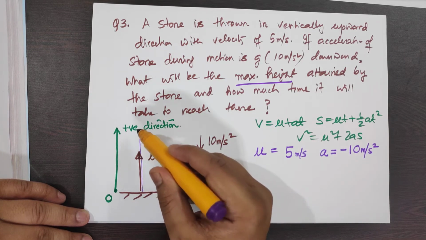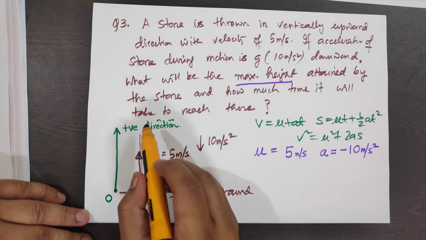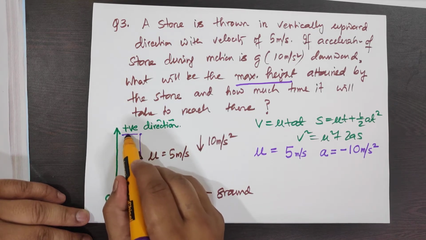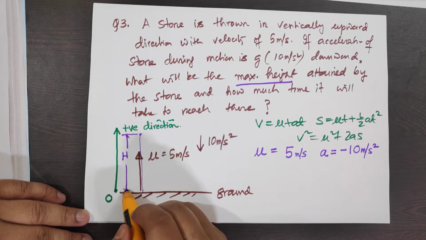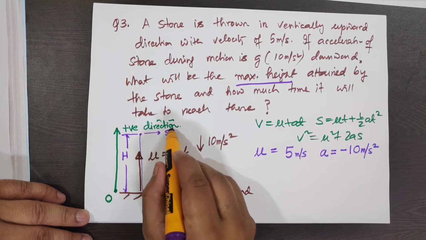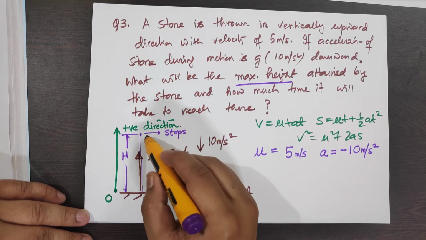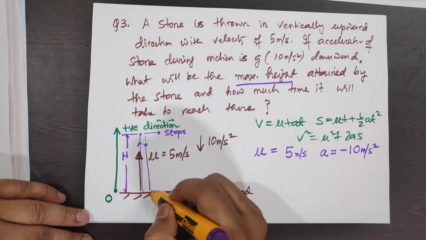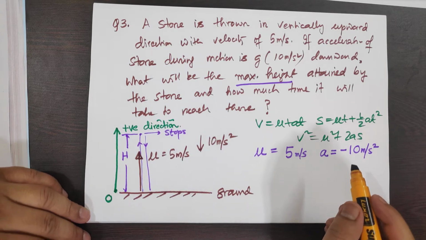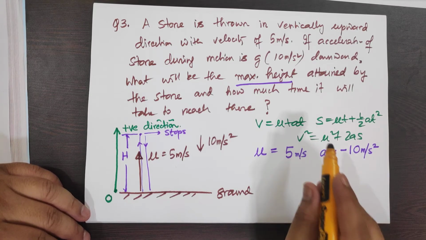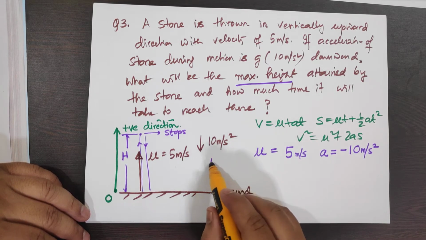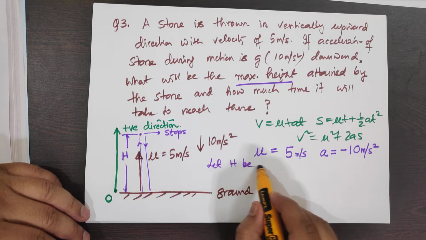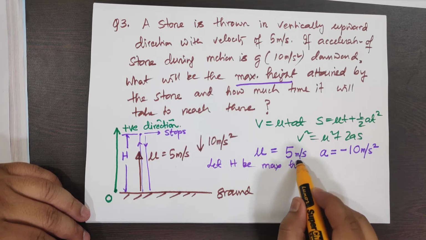So it goes up to a maximum height h, there it momentarily stops, and again it comes down. So there is an upward journey and a downward journey. So to find maximum height, let h be the maximum height.